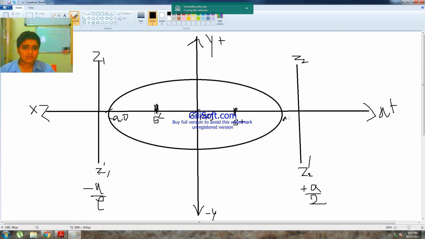So we call this point A, we call this vertex minus A. Similarly, this would be vertex B with the coordinates b, 0, and this would be minus B with the coordinates minus b, 0. Now you could tell me if this is A and this is A dash or whatever you call it.